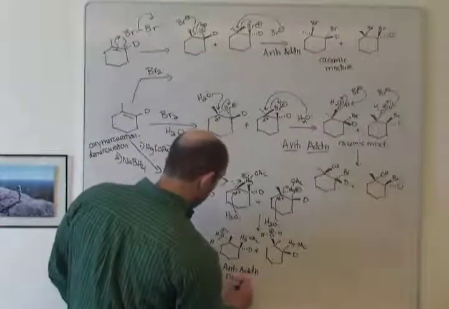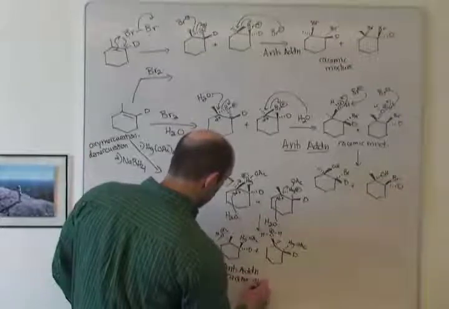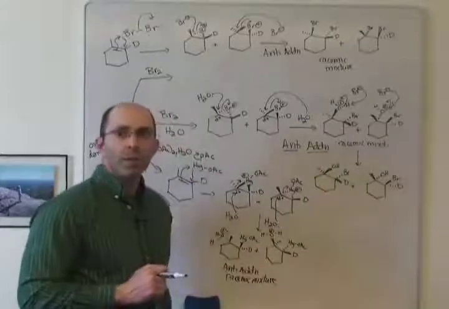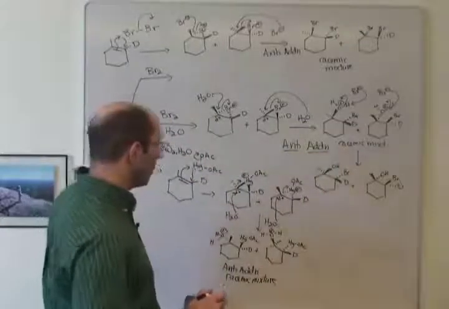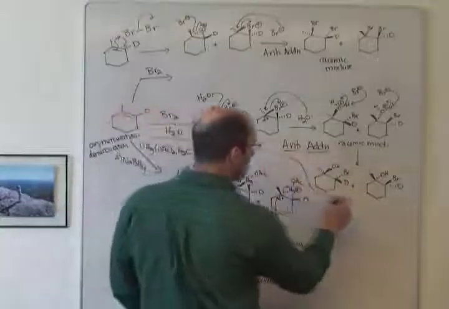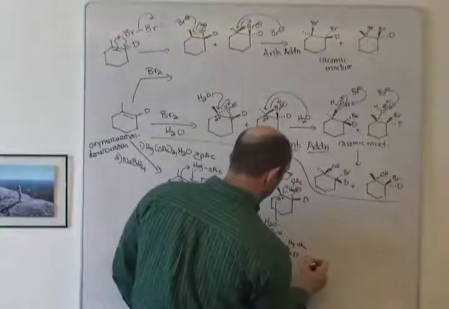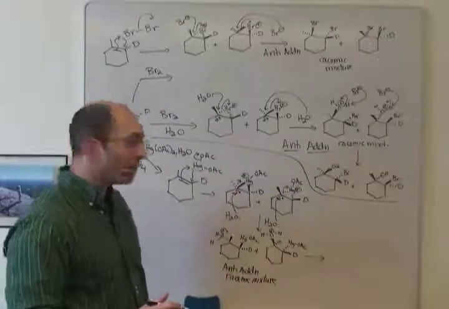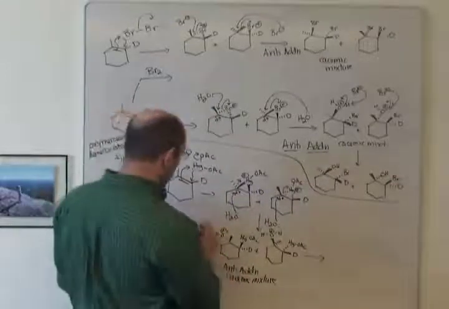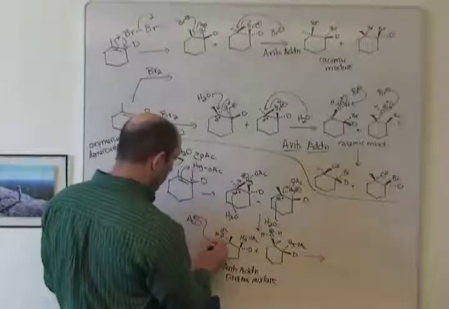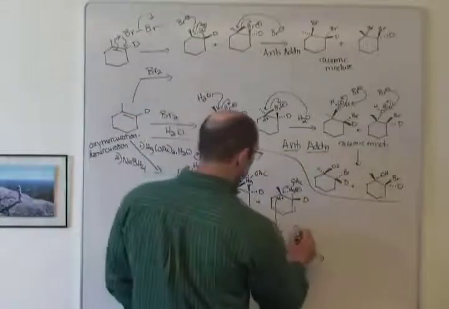This is a racemic mixture. Okay? We need to do a proton transfer like we did before. Let's try and keep these separate. In this case, we lost an acetate group, so acetate can deprotonate. So if we have acetate, we can grab one of those protons. Same over here.